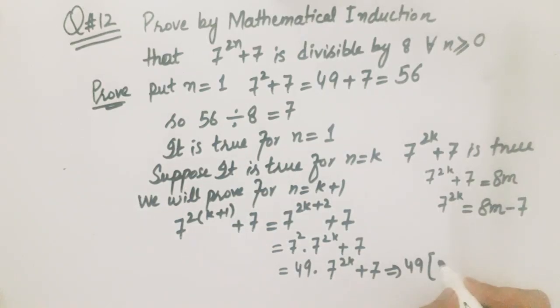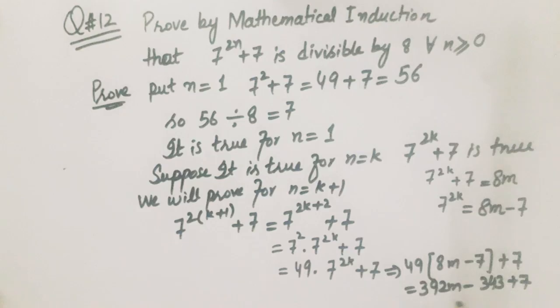So 49 into (8m minus 7), then plus 7. So this is equal to 392m minus 343 plus 7, which is 393m minus 336, and both are divisible by 8. So we say that P(k plus 1) is true.